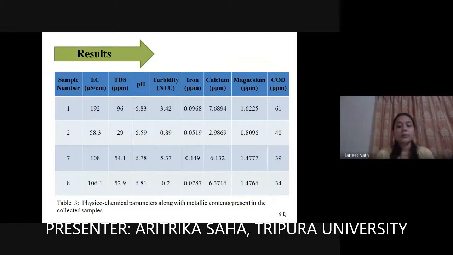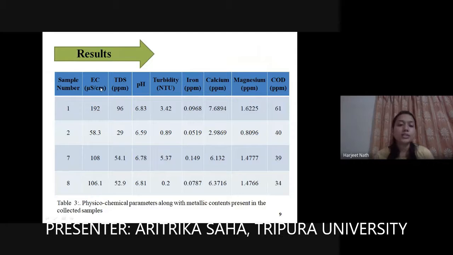So we have taken some of the results of the sample analysis. You can see samples 1 and 2 from one department. Row 1 is for raw water and row 2 is for the treated water from a single department, and sample numbers 7 and 8 are from another department, raw water and drinking water.